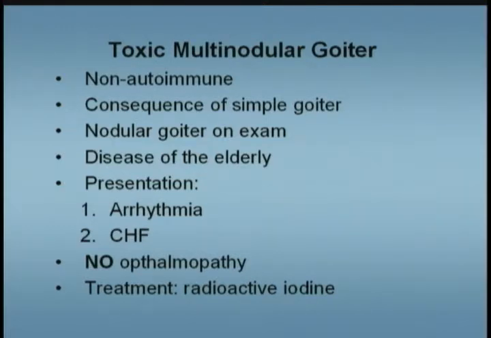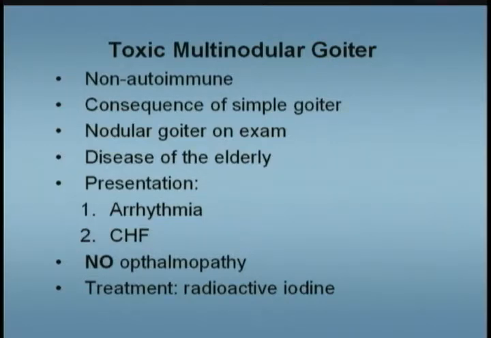They typically present in older patients with mostly cardiac manifestations, either arrhythmia, especially atrial fibrillation. So please, if you see a new onset atrial fibrillation in somebody, especially if they're older, think about hyperthyroidism, think about toxic nodular goiter.